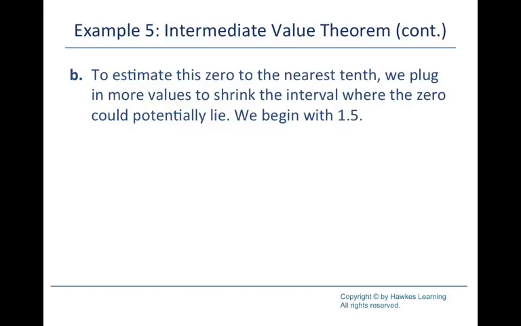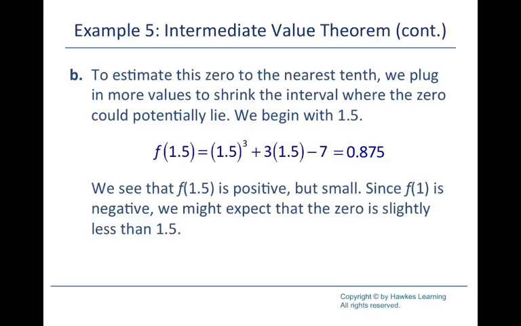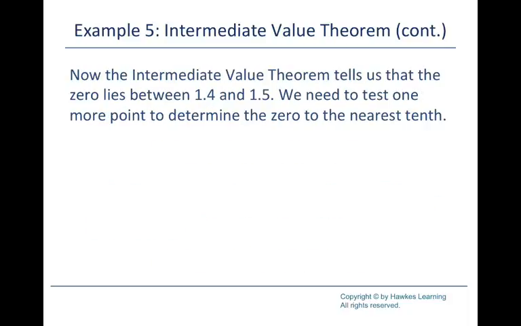To estimate this 0 to the nearest tenth, we can put in more values and shrink the interval where the 0 could potentially be. Put in 1.5 and we get 0.8. Positive, but smaller, so we want to go a little smaller to head towards the negative. At 1.4, we get negative 0.056.